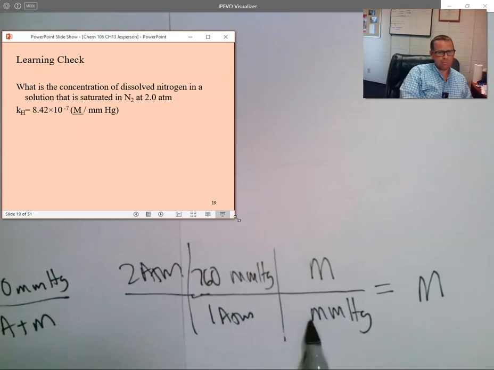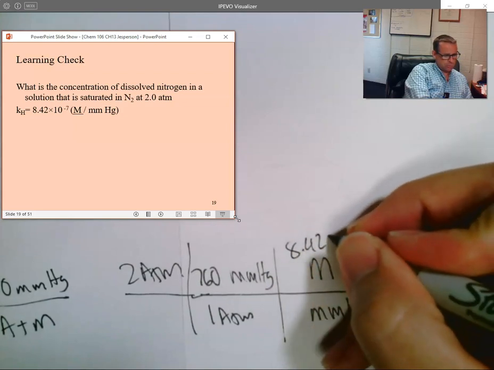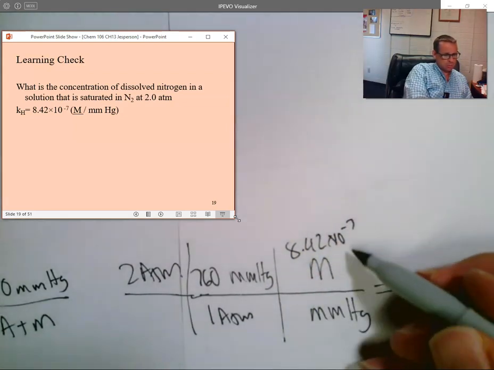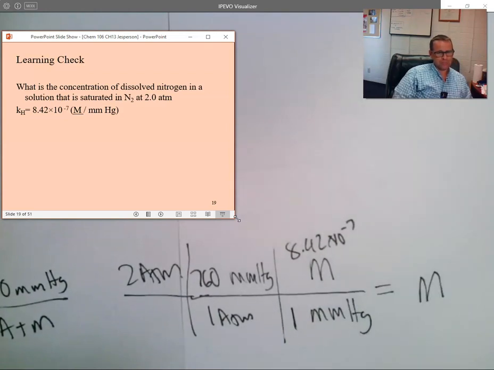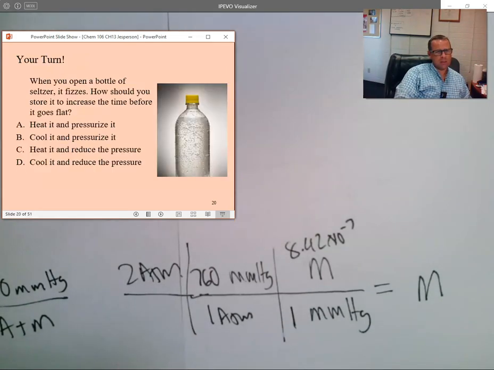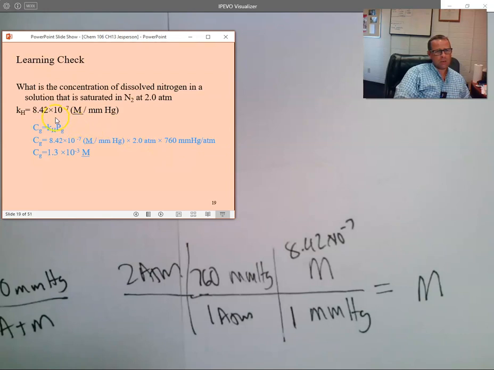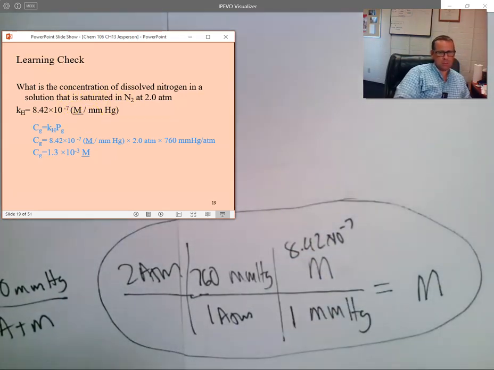The 8.42 times 10 to the negative 7. All right, 8.42 times 10 to the minus 7 molar is what we get for every millimeter of mercury. All right, good. So I think, again, the idea here is we use the units that are given to us to kind of help us understand the kind of finagling we have to do with our numbers to get the right answer, right?